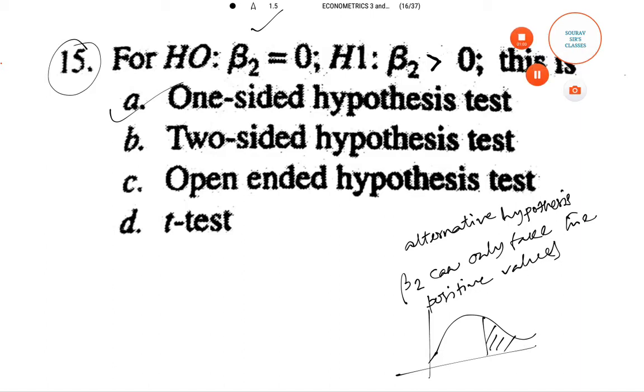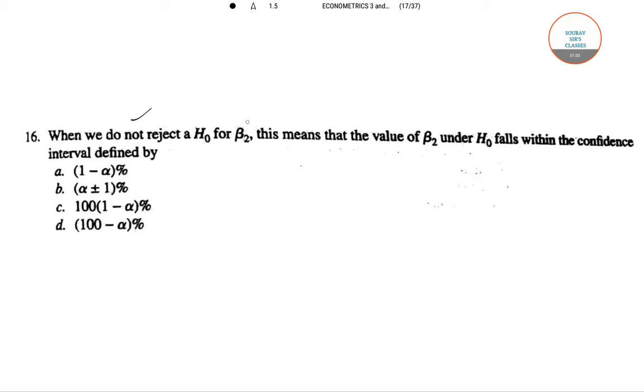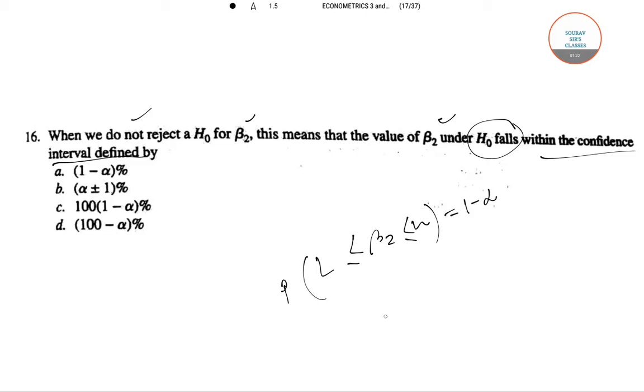The next question is, when we do not reject H0 for beta 2, this means that the value of beta 2 under H0 falls within the confidence interval defined by what? Generally, in interval estimation, we write the probability that beta 2 will lie between the lower limit and the upper limit is equal to 1 minus alpha. Now this alpha is the amount of allowable error.